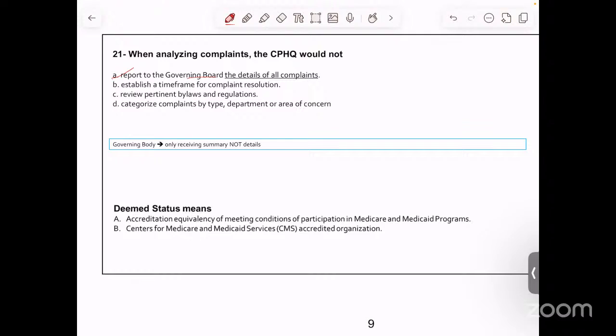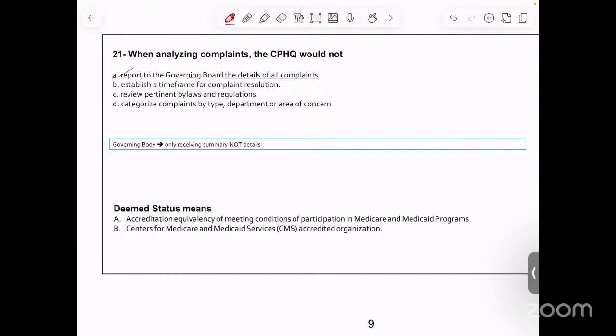So that's the reason. Letter B is correct because timely resolution is critical in complaint management, and it is part of the CPHQ responsibilities. Letter C is also correct, because this ensures the complaints are handled in compliance with the organizational and legal requirements.